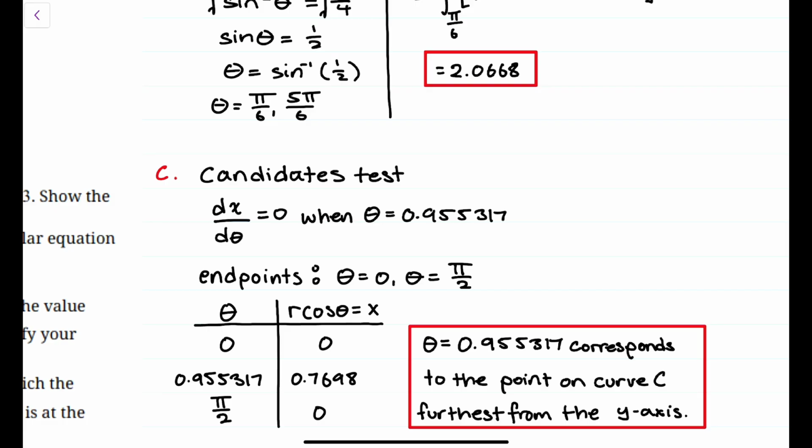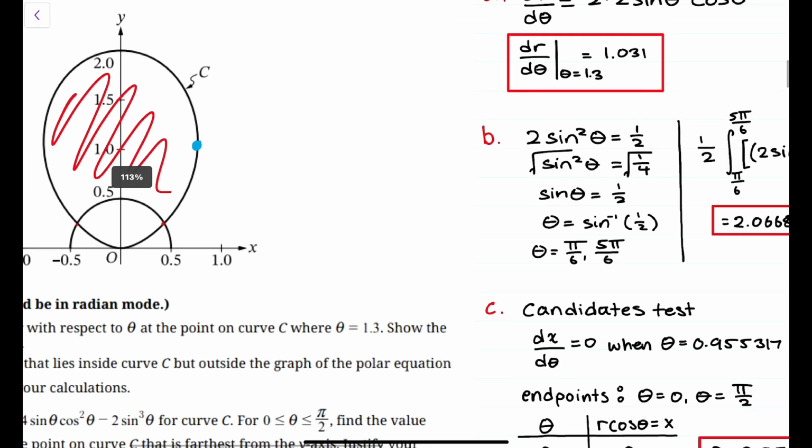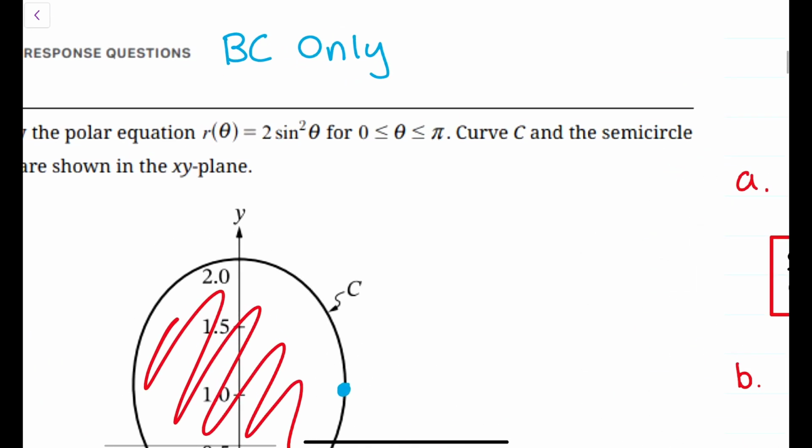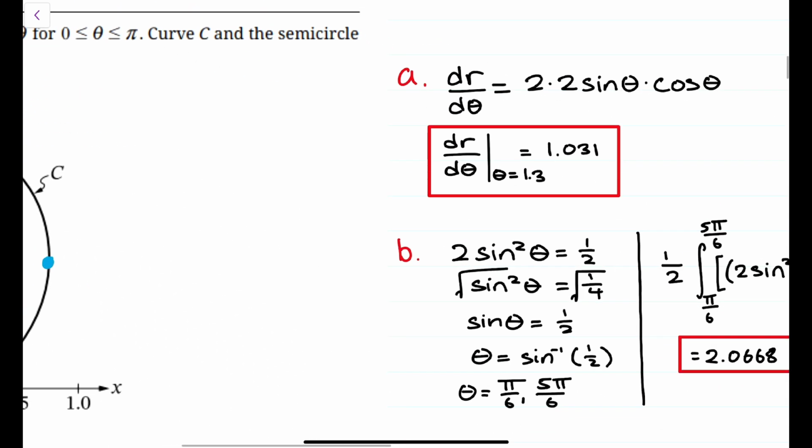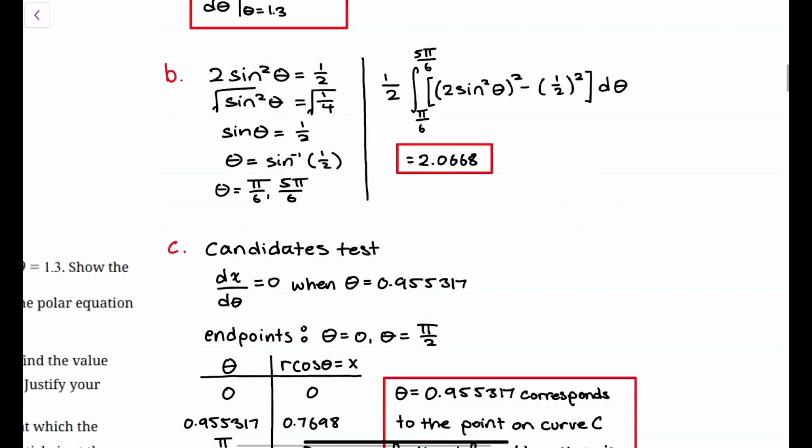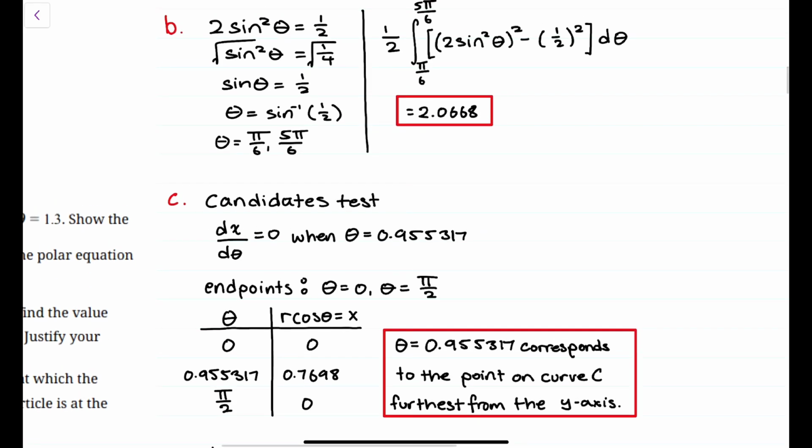So we plug those three theta values into x, which is r cos theta, which we just multiply, 2 sine squared theta cos theta, that's our x. We plug that into our calculator, and at 0 and pi over 2, they are both 0. So which means that the maximum value has to be at theta equals 0.955317.